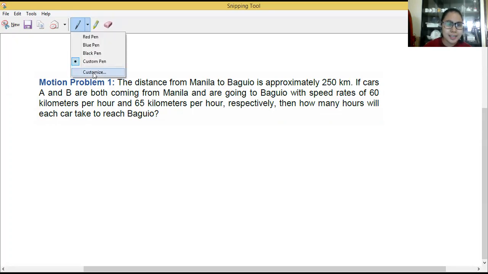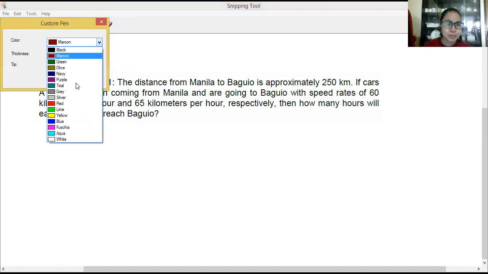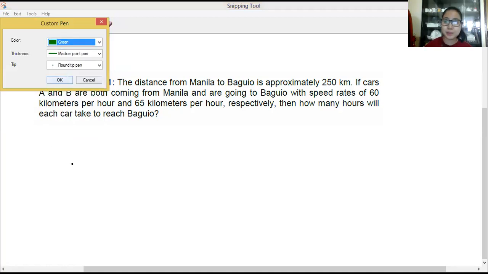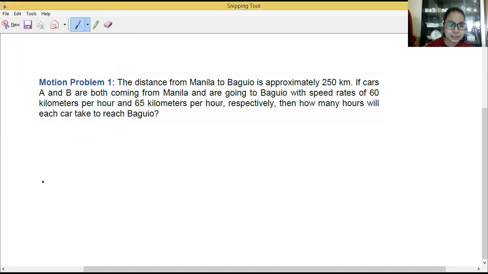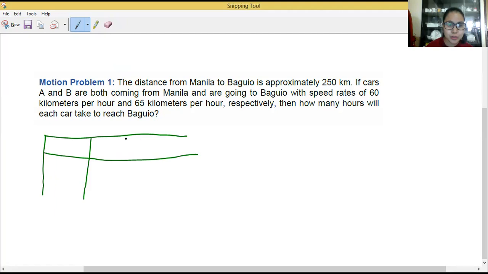Now let's start with our table. Again, we need to make a 4-column table. In the first column, we'll have what are the objects that are moving. The next column is rate, then time, then distance.